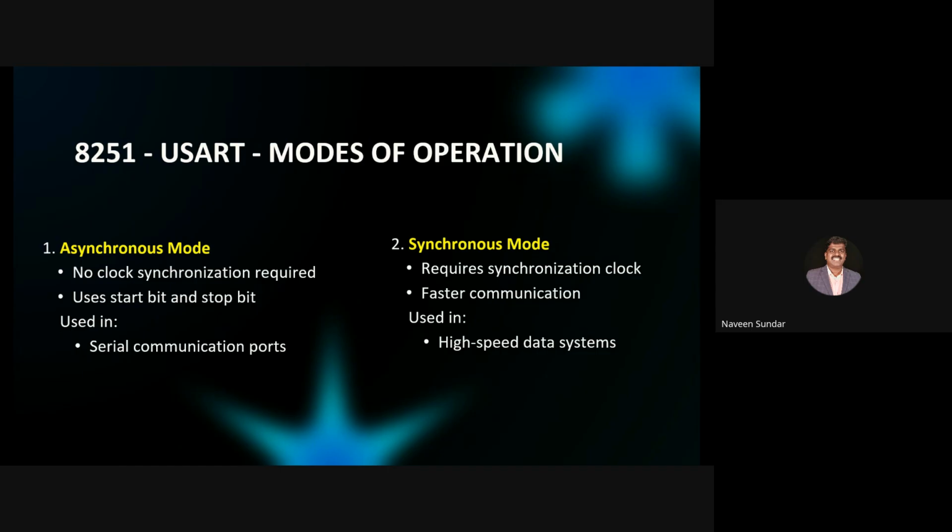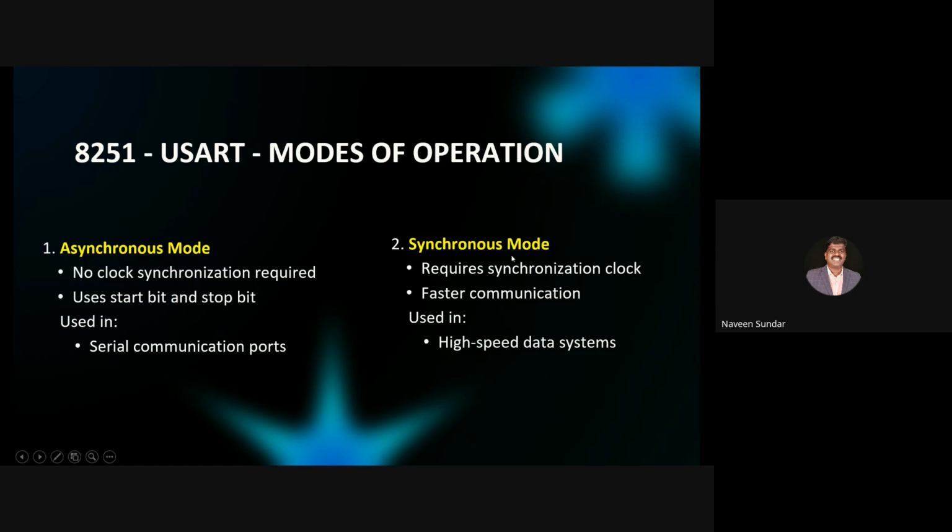Keyboard or mouse communication with the CPU is the best example. If you press one key, one character is sent at a time using start and stop bits without a shared clock. There is no sharing of the clock, so we call it asynchronous.